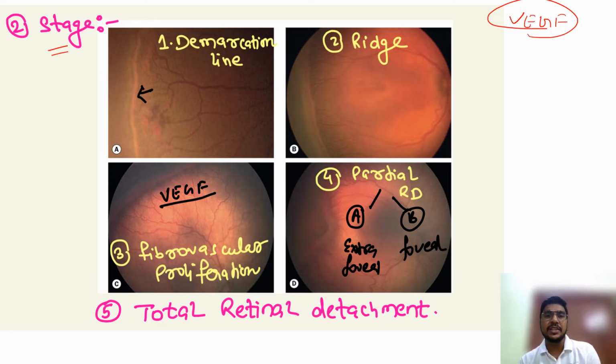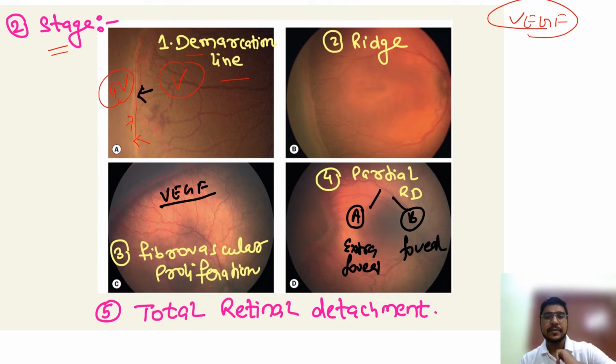This sequence of events is broken into stages. First, this is the vascular retina and this is the avascular retina. At the junction of vascular and avascular retina, there is a line. See this line? So this is called the demarcation line. This is flat.